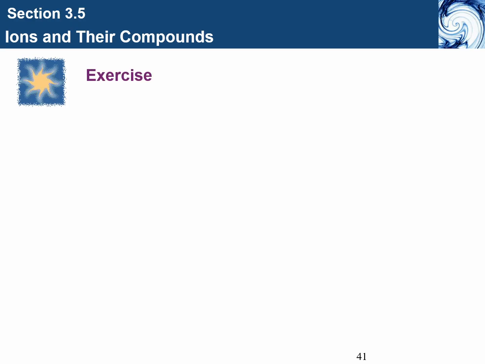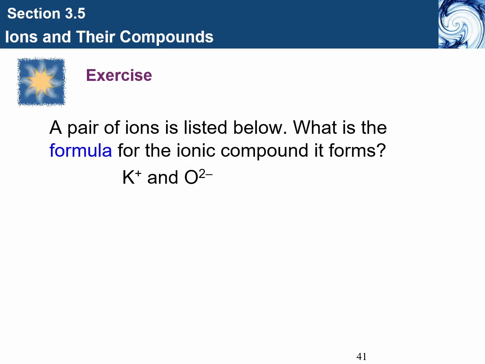Exercise time. A pair of ions is listed below. What is the formula for the ionic compound it forms? Potassium and oxygen, K plus and oxygen 2 minus.